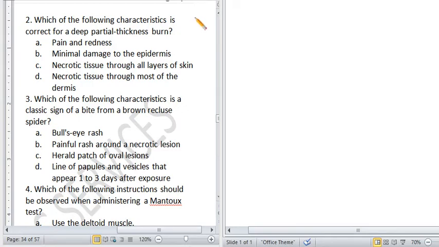So what we're looking for here is something related to a deep partial thickness burn. First, let's eliminate A and B because these are injuries or burns that are considered superficial. So it's either C or D. Answer, D. Why?